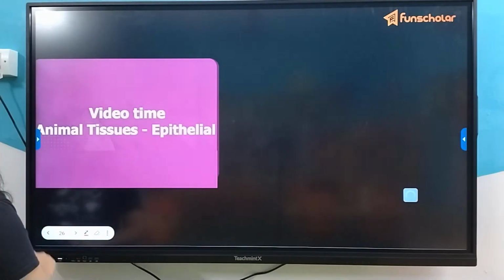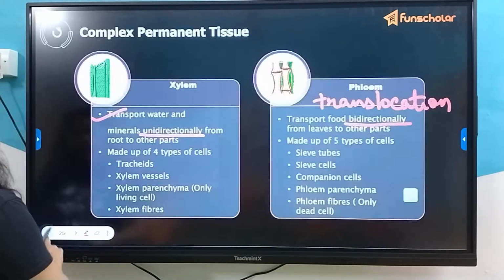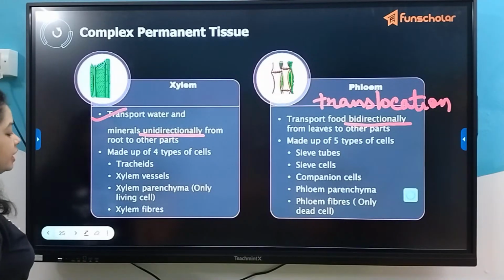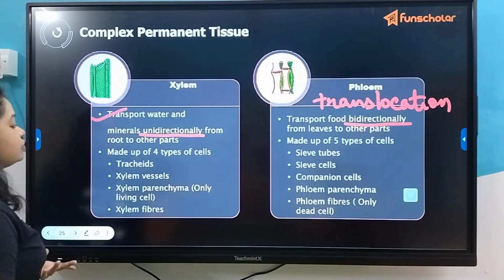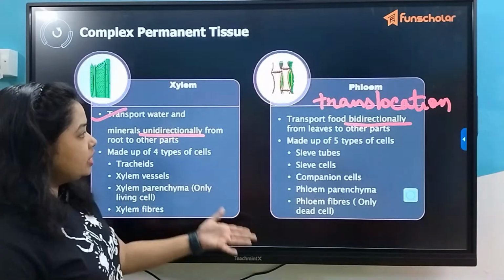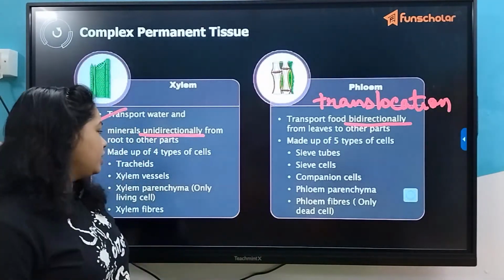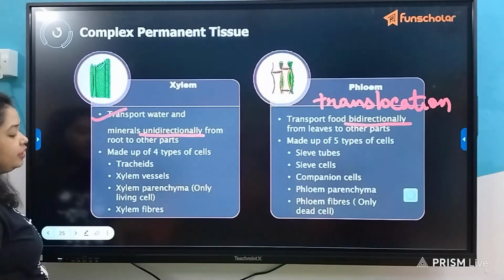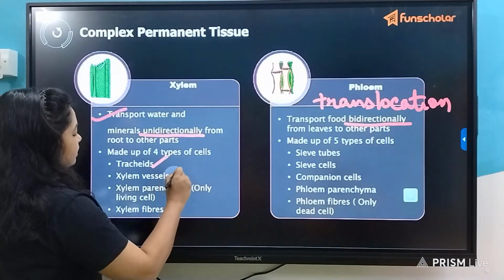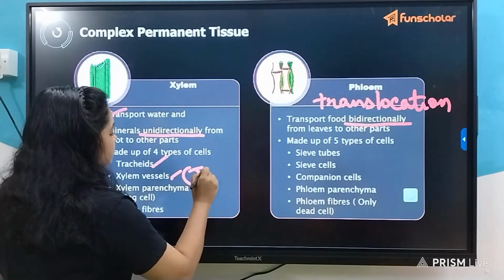So now this was all about the plant tissues. Again, we are going to summarize the functions of the components of the xylem and phloem. We have already watched in the video the tracheids and trachea. This is also known as trachea.